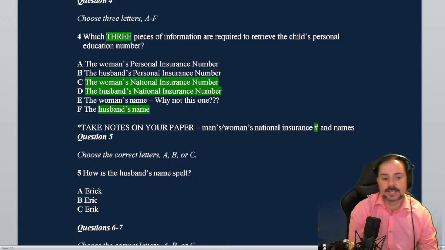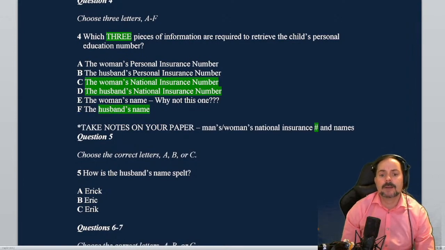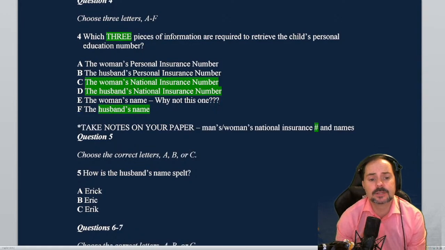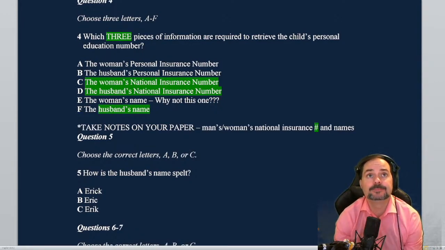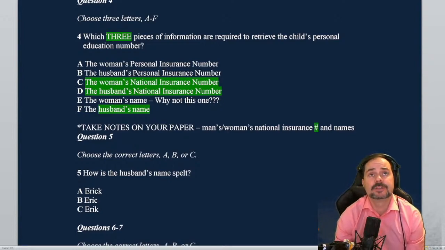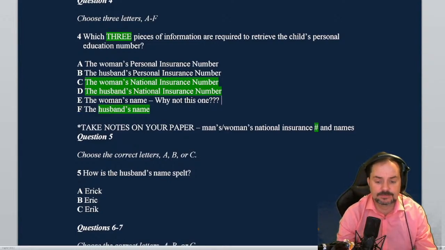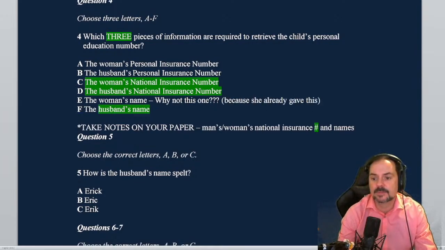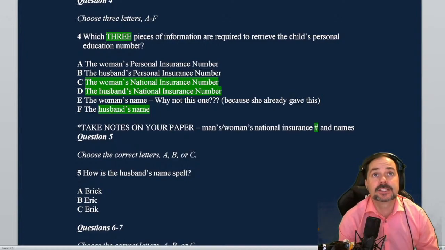So a lot of you got C, D, and F. Okay. So why not E? Why wouldn't this administrator need the woman's name? Yeah, Fatima, very good. So Fatima says, because it's already given. Yeah, because she already gave this. That's right, Fatima. Very good.